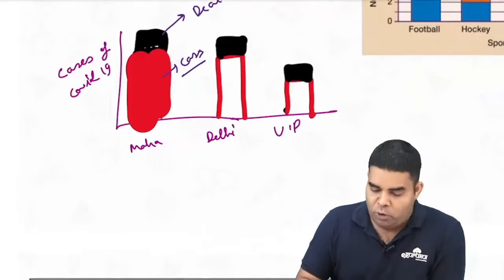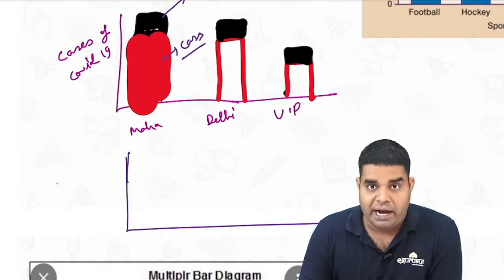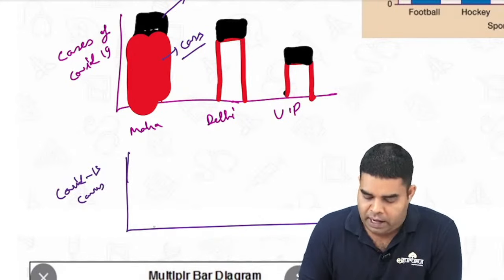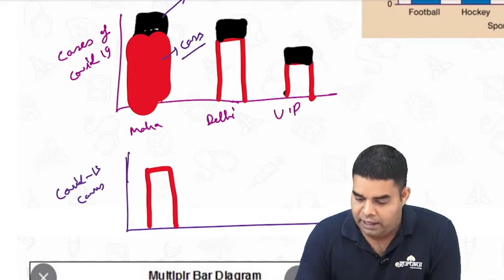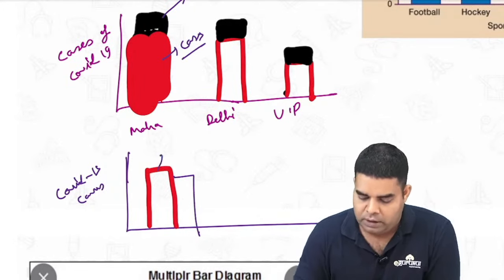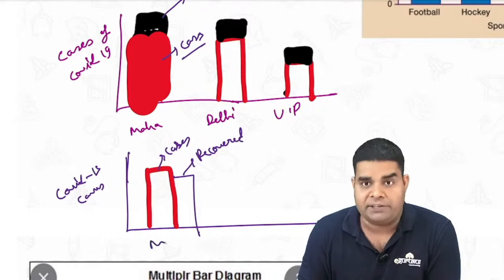Now suppose I am representing it this way: I write COVID-19 cases, how many cases occurred, and then how many of them recovered, in Maharashtra.